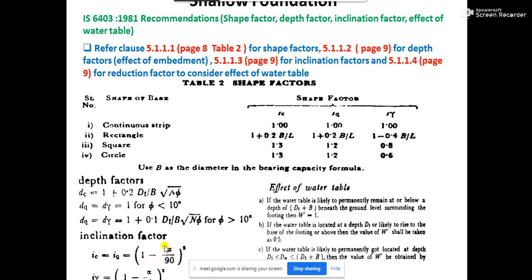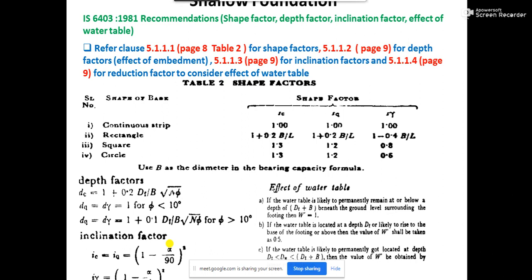See, this alpha is a very important term, and you should remember this is the inclination of the load with the vertical axis of the column, not with the horizontal. So here also there may be some tricky questions where you will be given the inclination of the load with the horizontal.